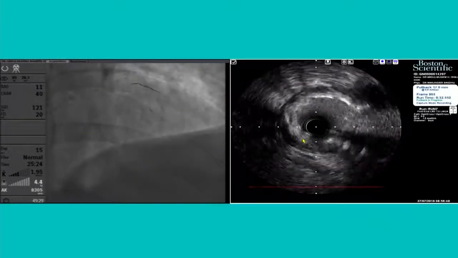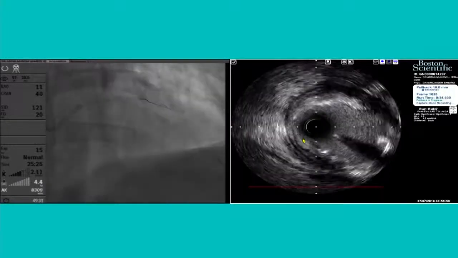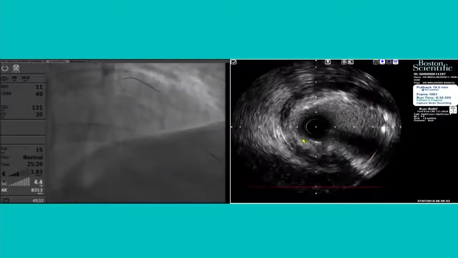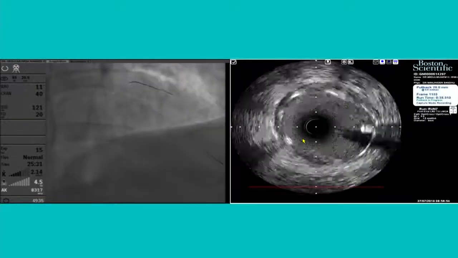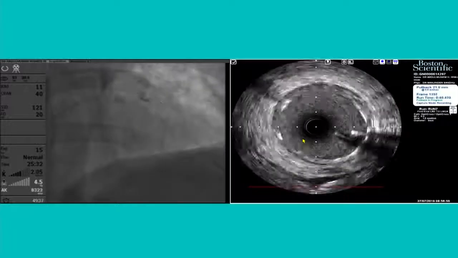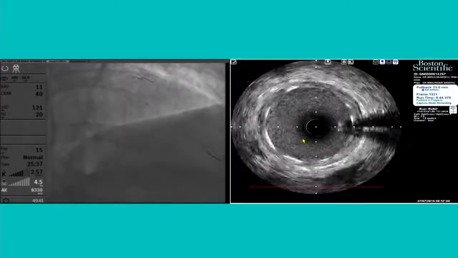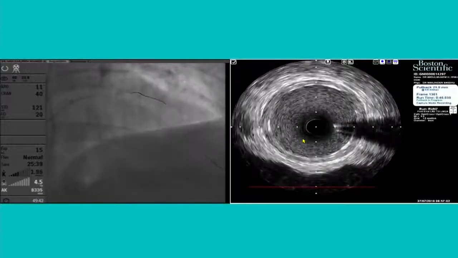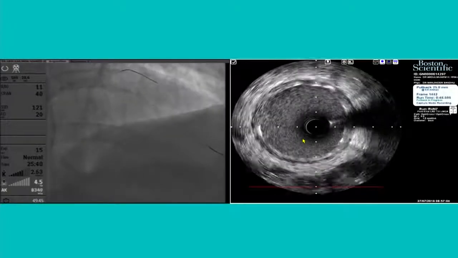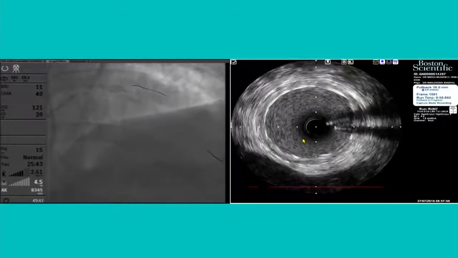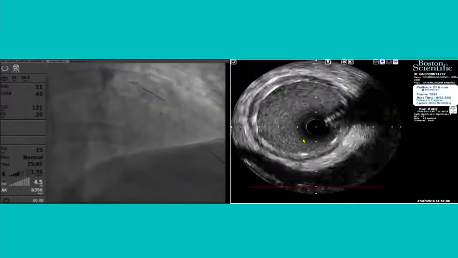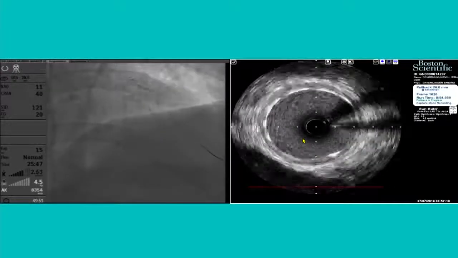You can see the ostial coverage is good. And here we see the left main stent. After we have done the POT, it's well expanded in the left main. There is no malapposition or under expansion here. And where we have finished, there is hardly any plaque or disease in the left main.